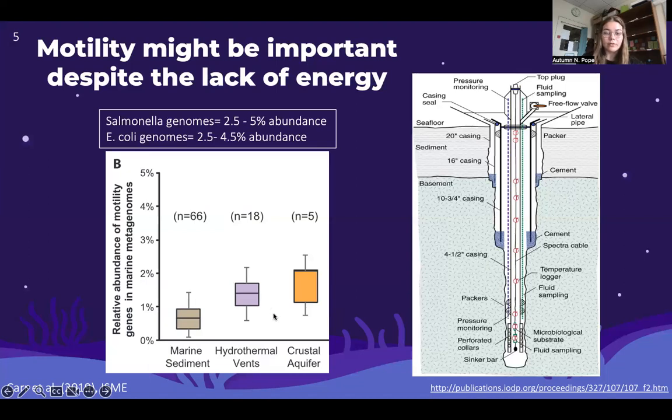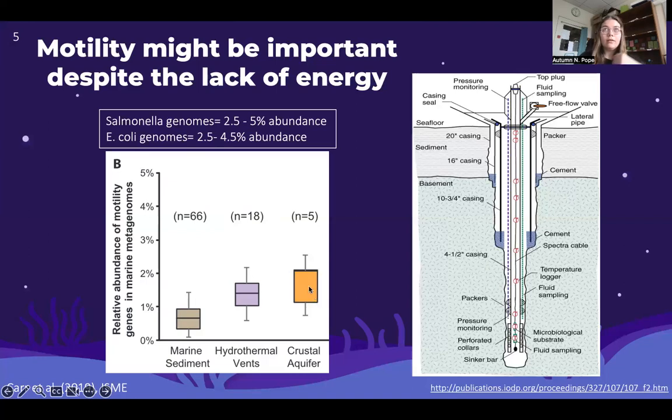But this graph, Dr. Carr did some research previously, and it shows the abundance of motility genes in these marine metagenomes from the Juan de Fuca Ridge sample site. And as we can see here, the crustal aquifer has about 2% abundance of motility genes in its metagenomes, and that may not seem like a lot, but comparing it to Salmonella or E. coli, they have about 2.5 to 5% abundance.